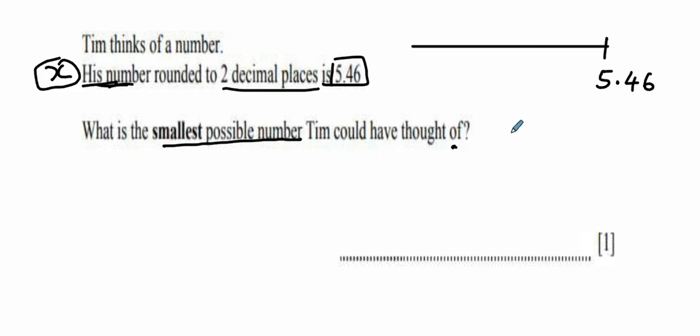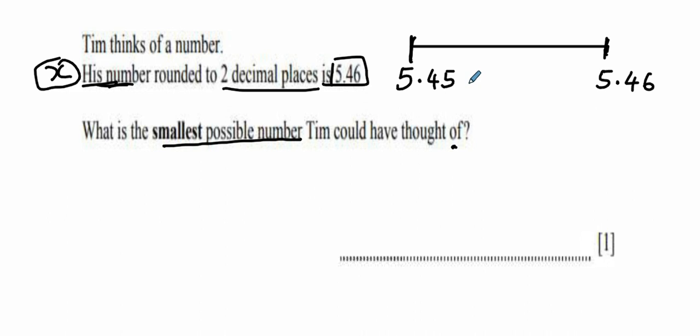Now, on the number line, if this is 5.46, then the number before it will be 5.45. So this is 5.45 and this is 5.46.